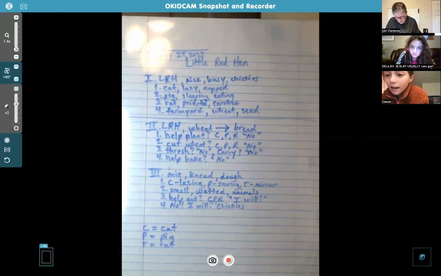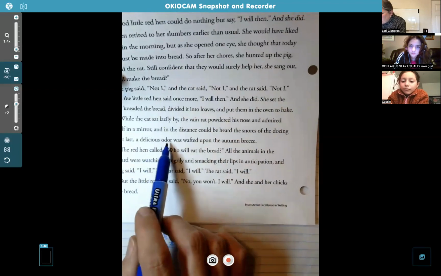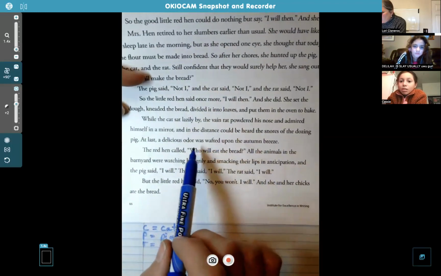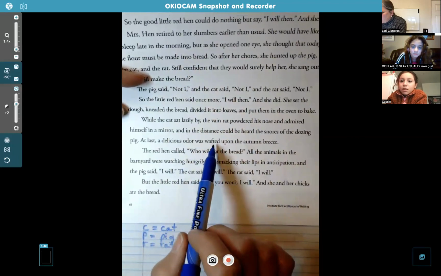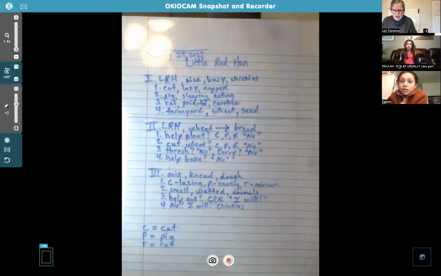I think it's on the back. It's toward the bottom. Right here. A delicious odor was wafted upon the autumn breeze. So the odor is the smell. It wafted upon the autumn breeze, and all the animals could smell it.